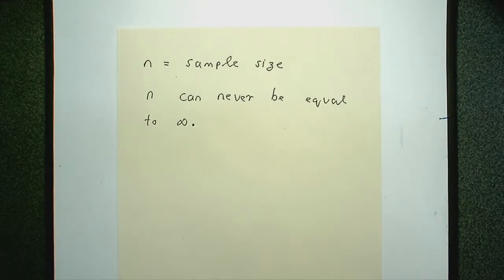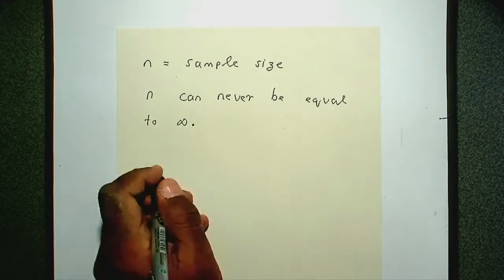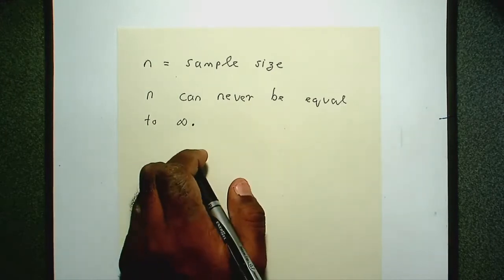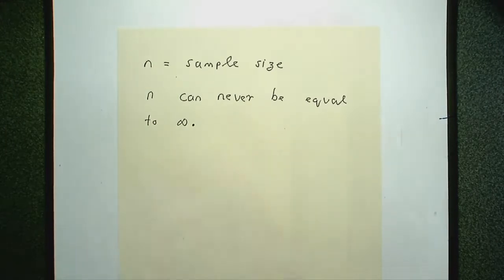So what you can do is you can only choose n so that the distribution of this is approximately equal to this.